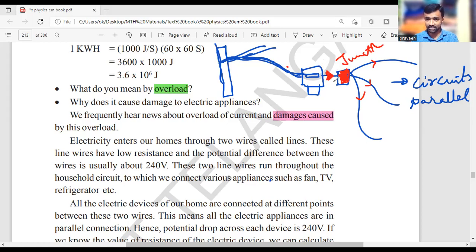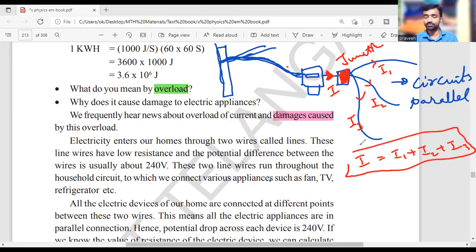So I is equal to I1 plus I2 plus I3. Up to here there is no problem; we are able to explain it clearly. Then the main important point here is what amount of current is allowed through this wire.